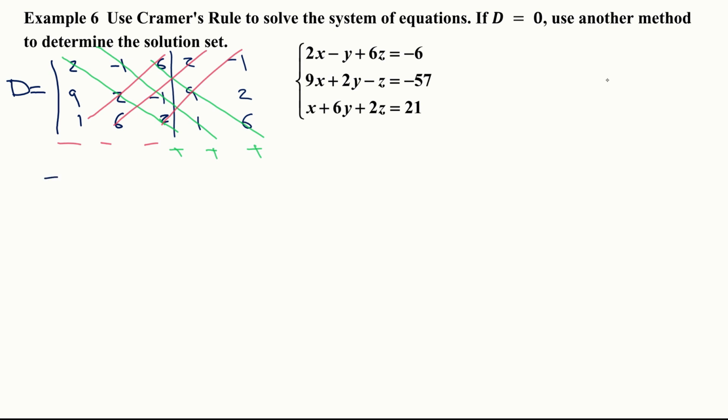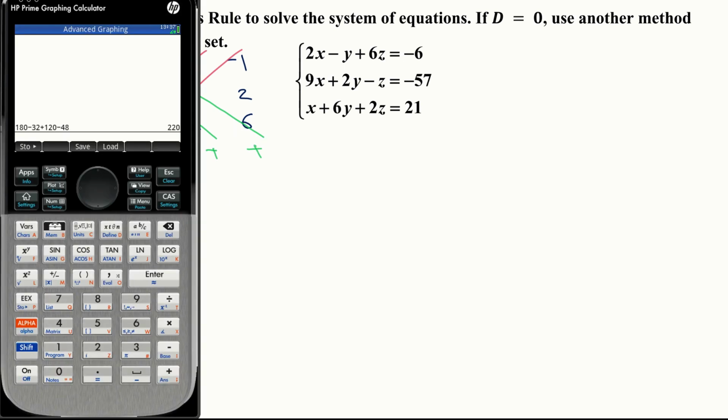So we end up with 2 times 2 times 2, which is 2 cubed basically, and then plus negative 1 times negative 1, which is 1 times 1, which is 1, right? And then 6 times 6 times 9, right? So 36 times 9, 324.